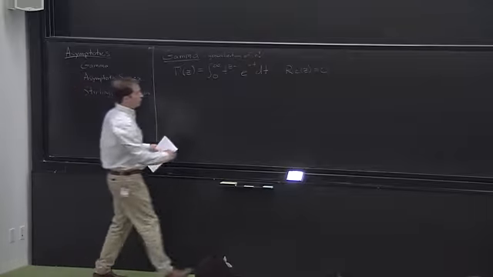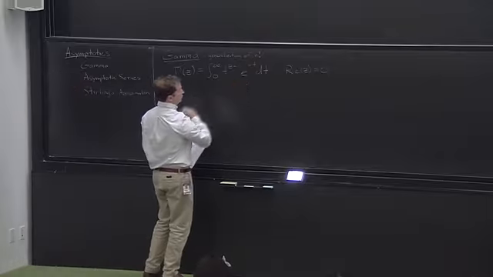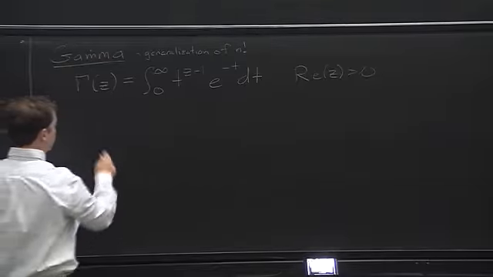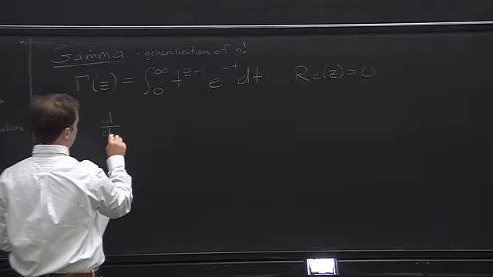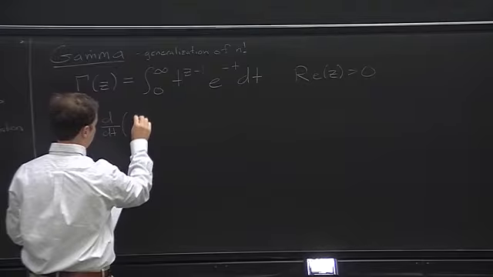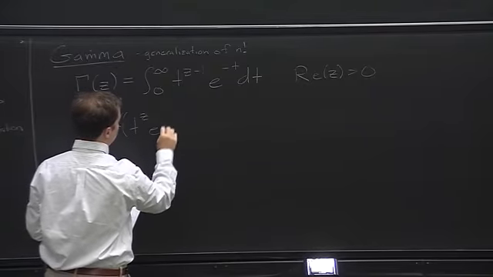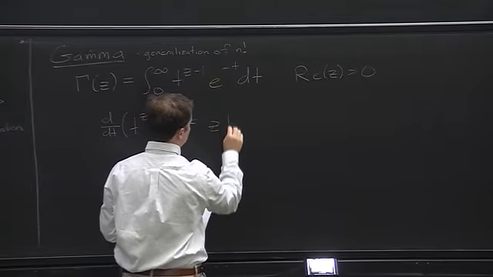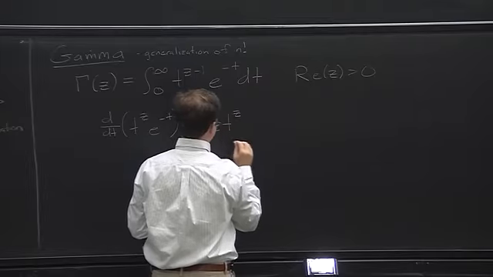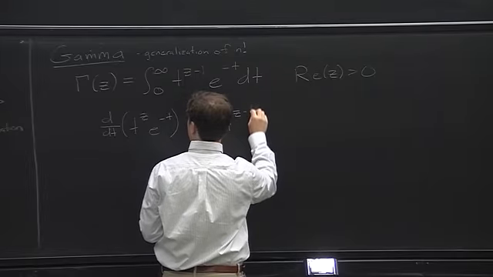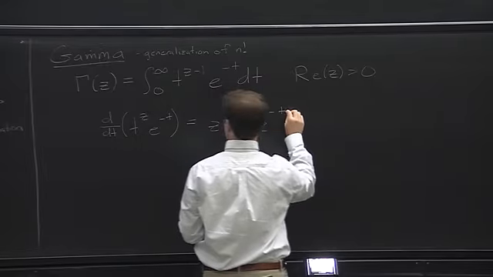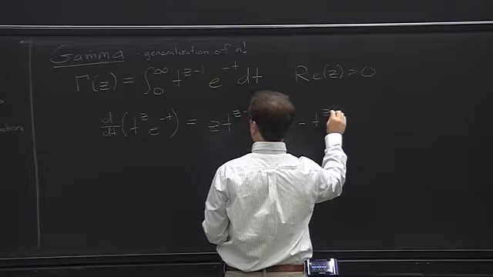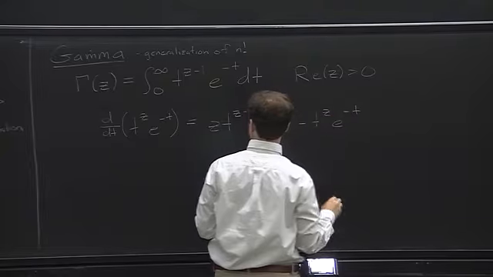And we can see that just by playing around with this integrand. So in particular, we take the derivative of t to the z e to the minus t. What we get is z t to the z minus 1, e to the minus t, minus t to the z e to the minus t.